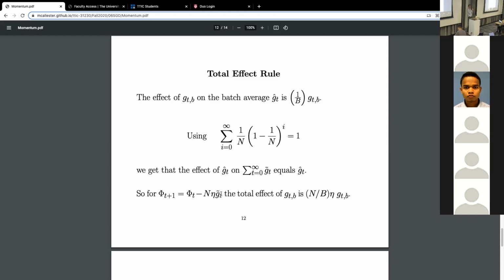Well, when you start using an exponential moving average of the gradients, the effect of that one data point gets spread, right? Because the moving average incorporates that data point over time. But the claim is that when you add up all those effects, it's 1. That data point, with a simple exponential average, is making its total contribution the same as it would have if we were just doing it one at a time.